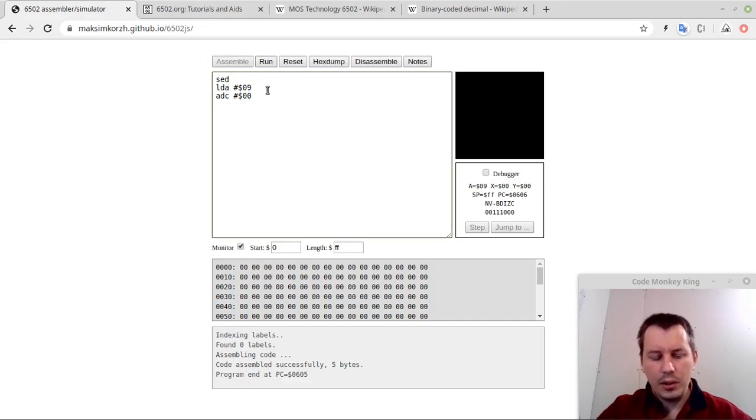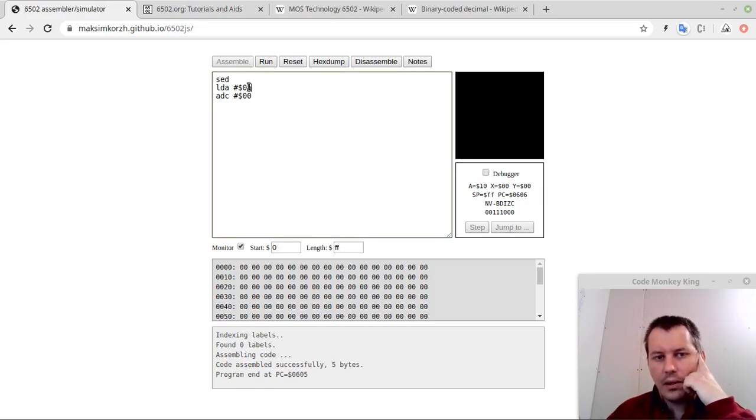But when it starts from A, then suddenly you see what it does. It says that it's equal to 10. So it encodes A to a decimal value of 10.